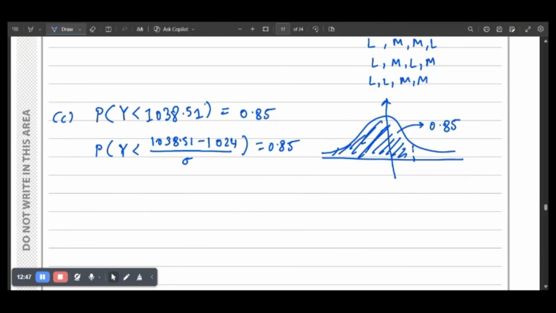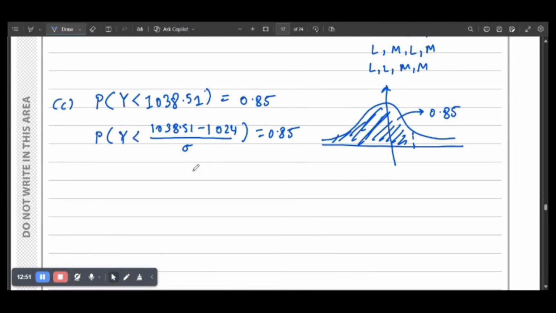Upon further simplification, we see z is less than 14.51 by sigma. This will equal 0.85.